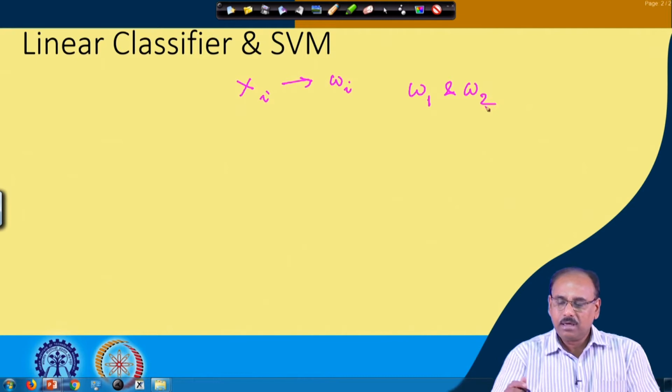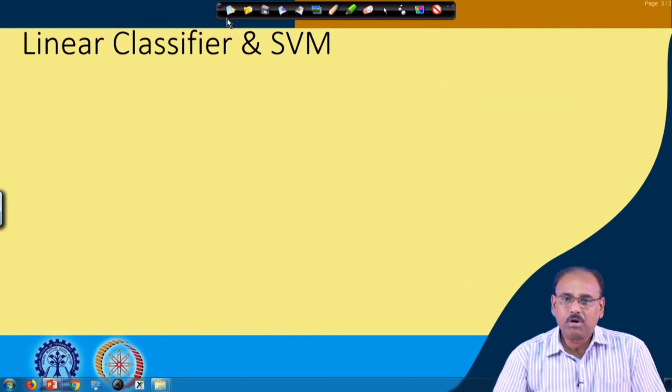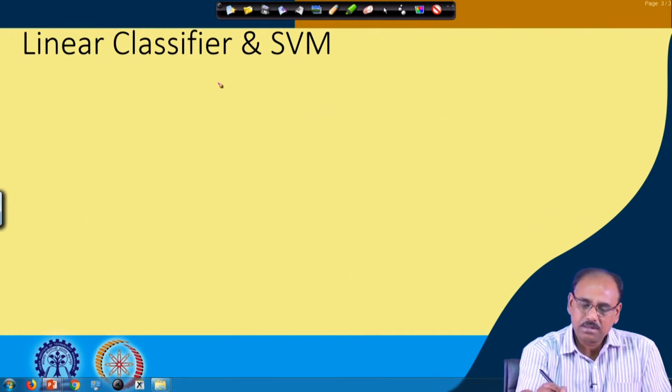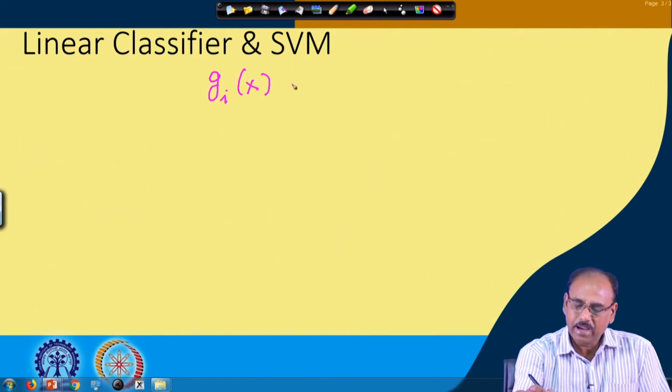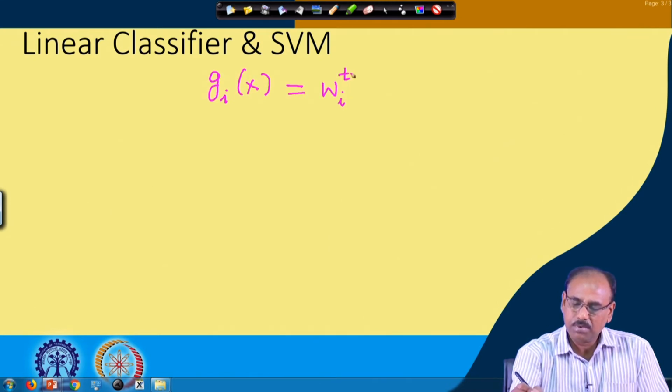Before that, if you remember, when we talked about the discriminant function, for every class we defined a discriminant function given by g I x. In case the covariance matrices of the training samples coming from all different classes are the same, this g I x came out to be linear, of the form W transpose x plus W naught.